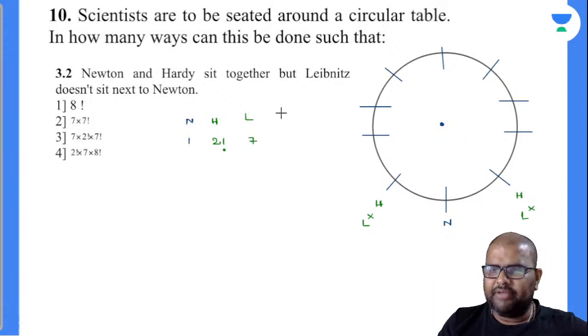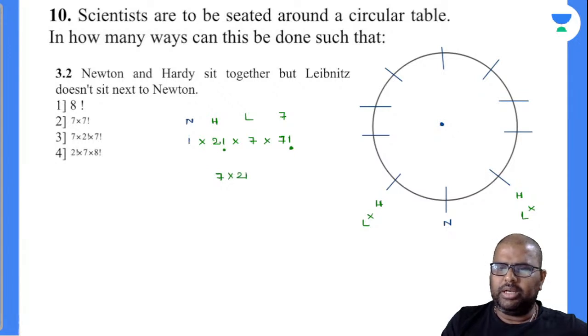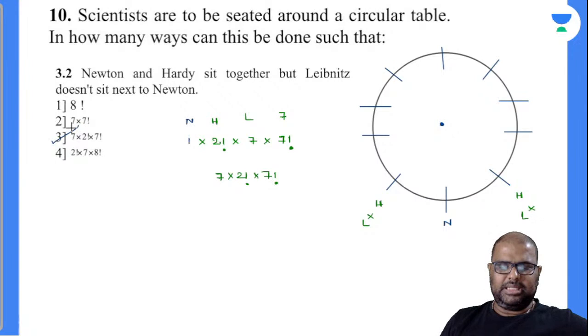How many persons are left over? 7 persons are left over. These 7 persons can be arranged in 7 factorial ways. So finally, this is your answer. I hope you got my point. According to the options, 7 into 2 factorial into 7 factorial is the answer, and option number 3 exactly gives the answer.